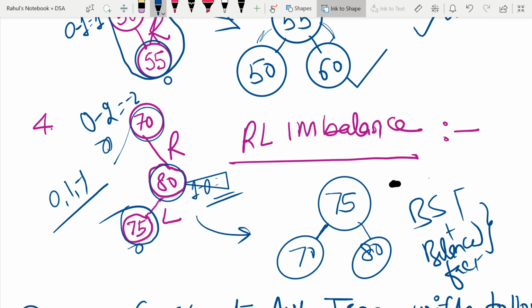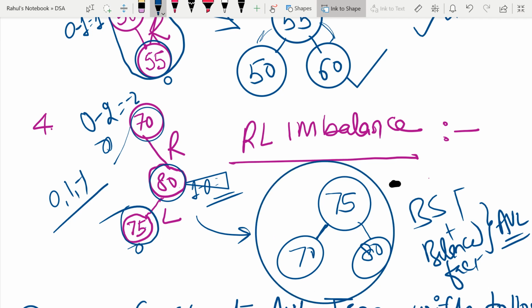By combining this, we get an AVL tree. Here also, internally two rotations are there, but the final tree looks like that. And this now follows the AVL tree properties, because the balance factor of this node is 0, of this node is 0, and of this node is also 0, 1 minus 1, 0. So finally we have converted the imbalanced tree into an AVL tree.